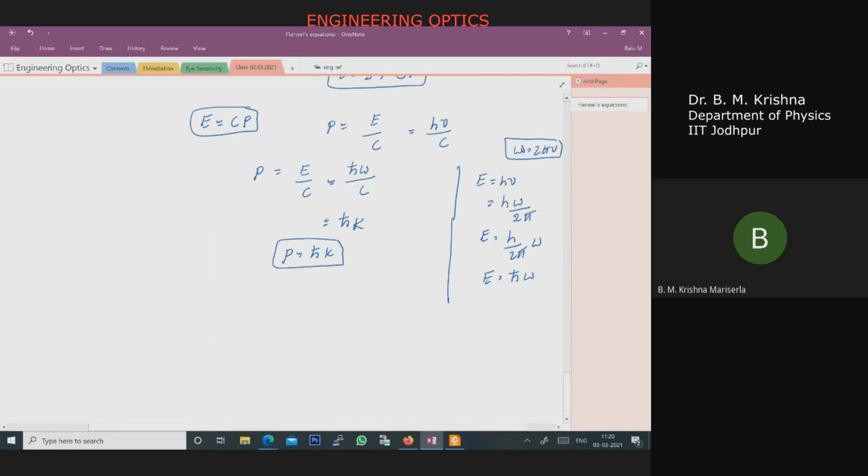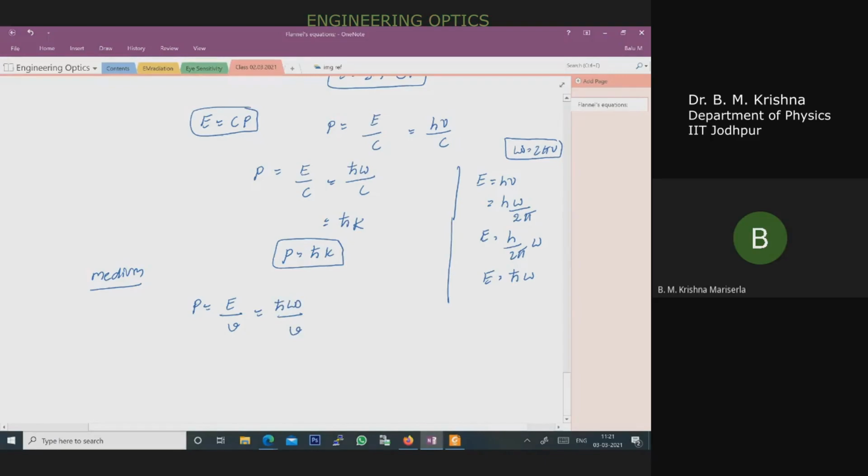Now if it is in a medium, your momentum will be different. I'm talking about the momentum of an electromagnetic wave passing through a medium. In the vacuum, it travels with the light velocity c. Now in the medium, it travels with the velocity v, so your momentum is h cross omega by v.